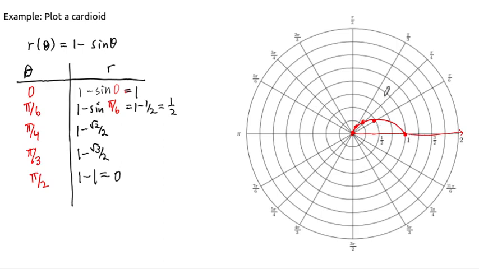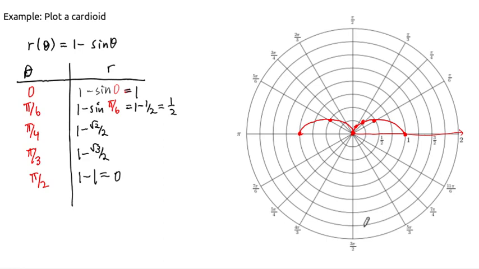And so in this direction, pi, that value is just 1. This one's 1/2. Whoops, that's not where 1/2 goes, though. This is 1/2. And then it counts in from there, just like we did before. Okay, and so this should be a mirror image on this side. And so there's the top half of our cardioid.